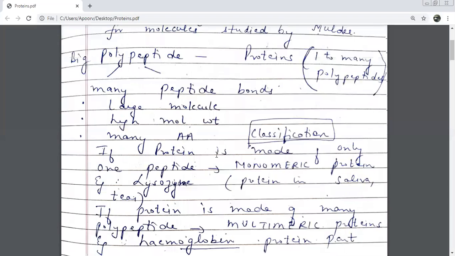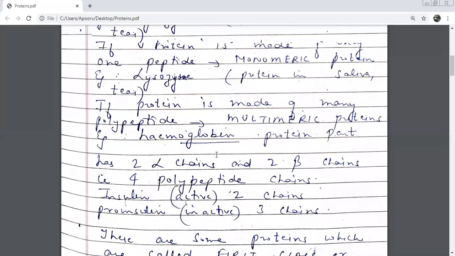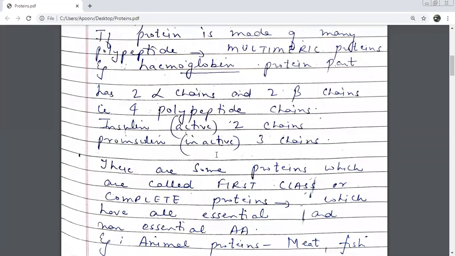How many chains are there? Four chains, two alpha and two beta. So you put it in multimeric or monomeric? Multimeric. One more example of multimeric protein we did was insulin. The inactive form of insulin is called? Proinsulin.